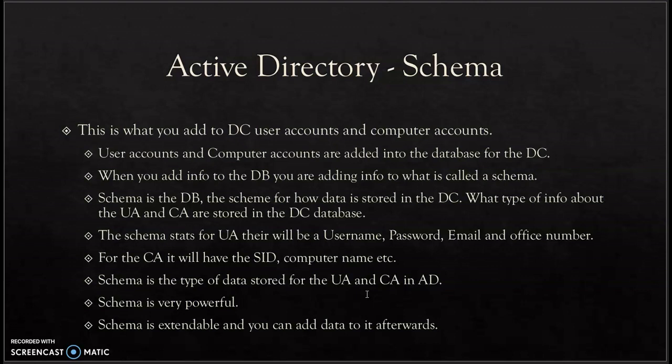You can choose what data you want to store for the user accounts: username, password, email, office number. For the computer account, it will have the SID, computer name, etc. Schema is the type of the data stored for the user accounts and computer accounts in AD. Schema is very powerful. Schema is expandable and you can add data to it afterwards.